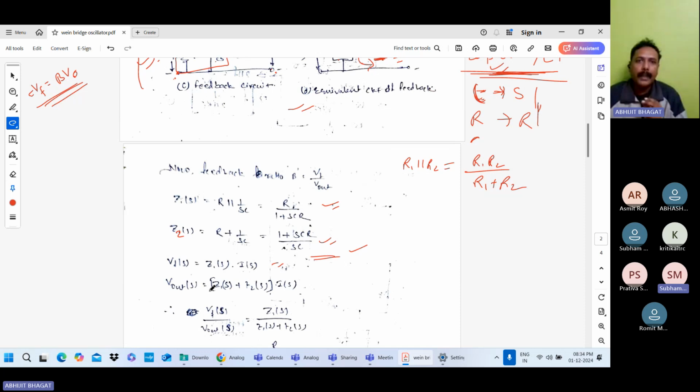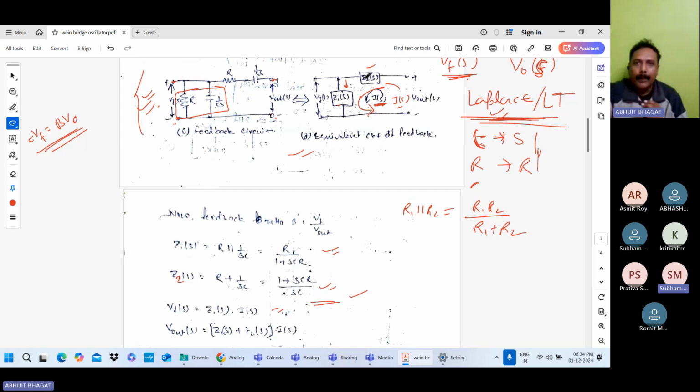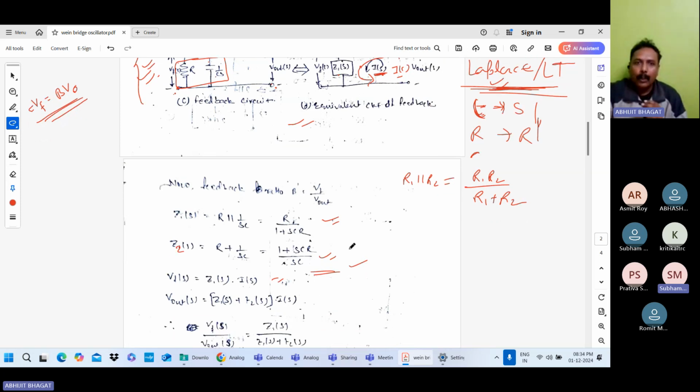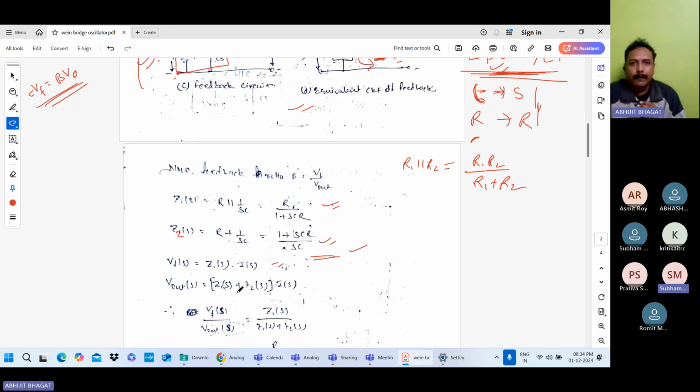Next, if you apply the KVL in this loop, V out equal to what? All impedance into current flow. So V out equal to Z1S and Z2S. If you see in this circuit, this is in series, Z1S and Z2S. So V out equal to Z1S plus Z2S, this whole into IS. This is equal to V out.